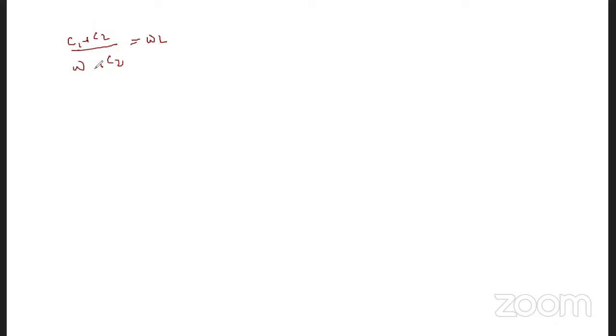So omega, it is omega C1, C2 will be. Therefore, from this, we can write C1 plus C2, which will be equal to omega square L C1 C2. So from this, we can write omega square, which will be equal to C1 plus C2 by L C1 C2.